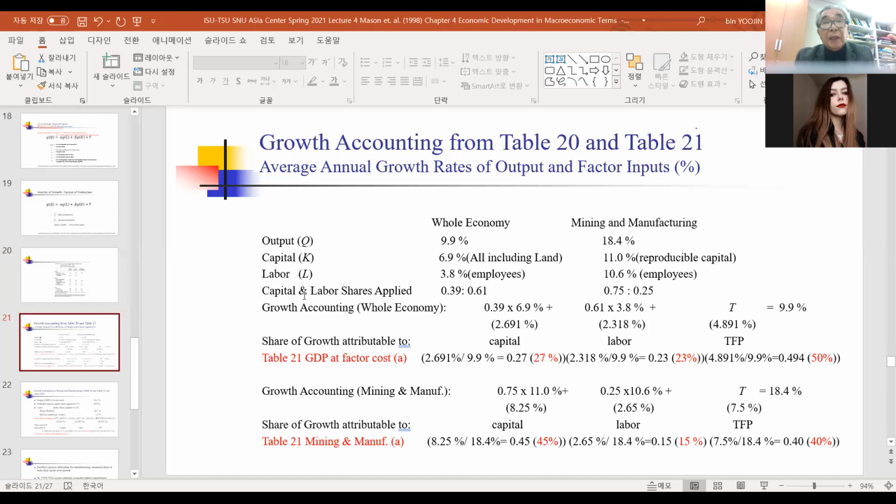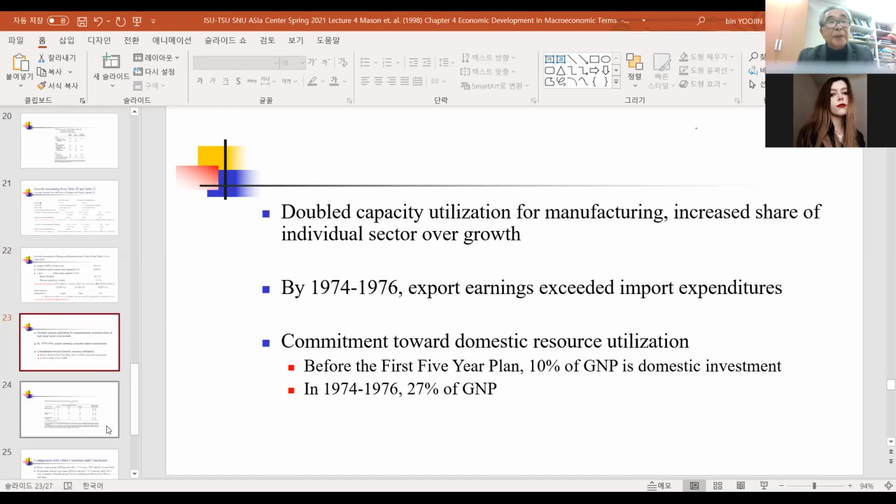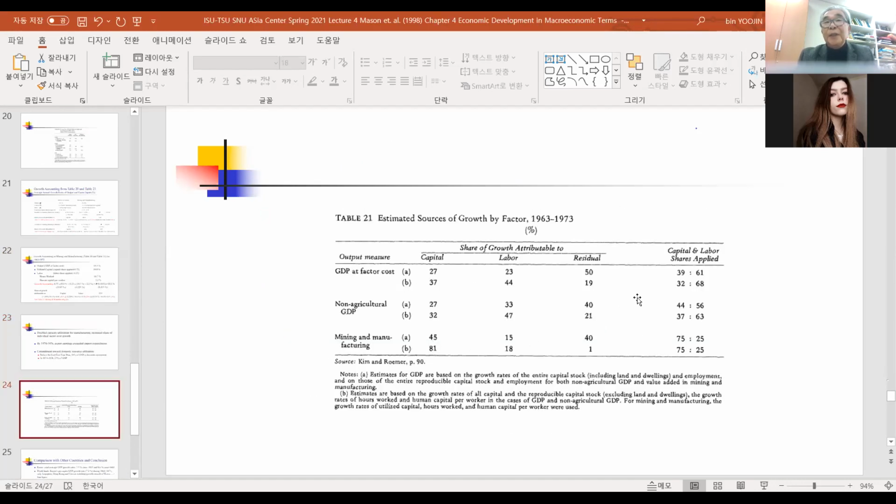Where did they get the capital and labor shares applied? Capital share 0.4, labor share 0.6. Where did they get this number? Probably some other table. Okay, this is misleading. Here we go.